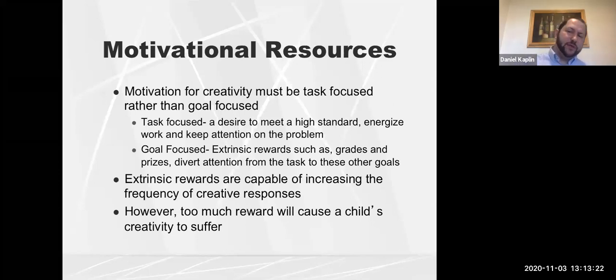So we talk about intrinsic motivation versus extrinsic motivation. Intrinsic motivation is to do something for its own sake, whereas extrinsic motivation is to do it for a reward. You want to be more task focused rather than goal focused. You want to be more internal locus of control or intrinsic motivation versus external locus of control or trying to get some secondary gain.